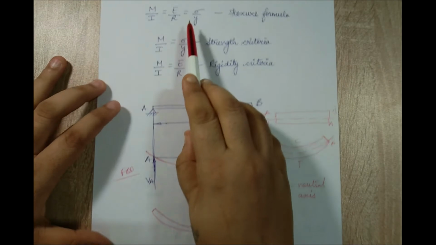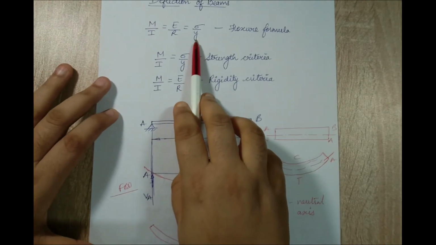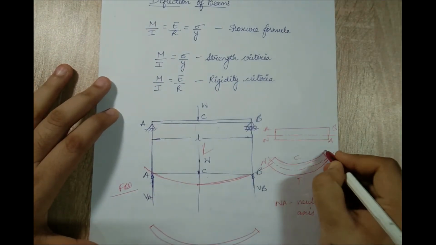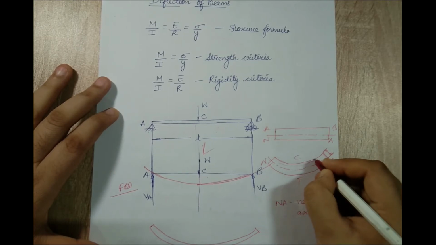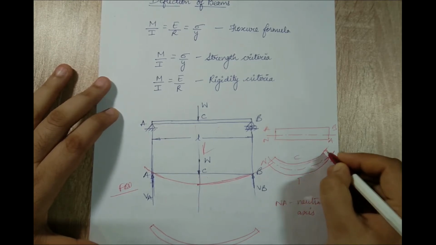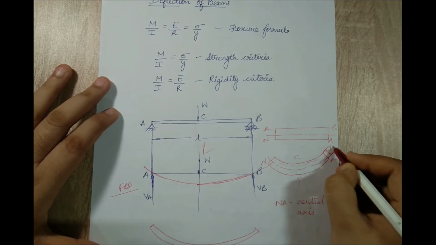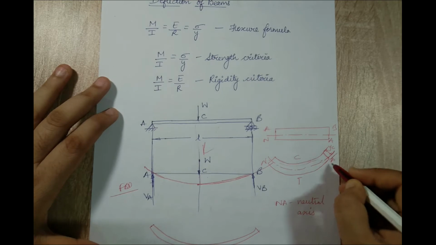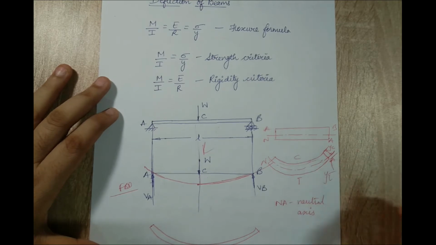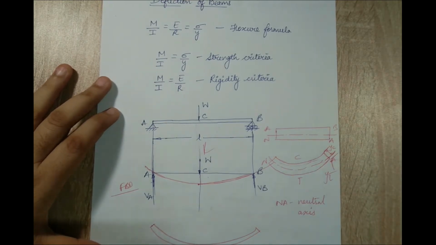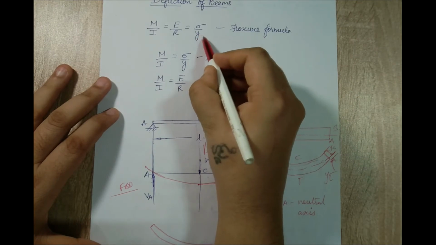So y over here is nothing but the distance of either the compression side, the layer which is farthest from the center will be subjected to maximum compression. So we calculate over here yc, and here this distance is calculated as yt. So when I talk about the formula in terms of compression, I'll write here yc.